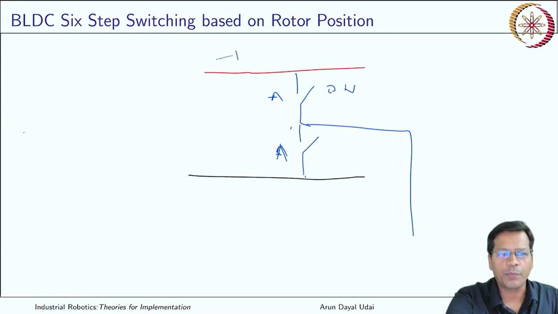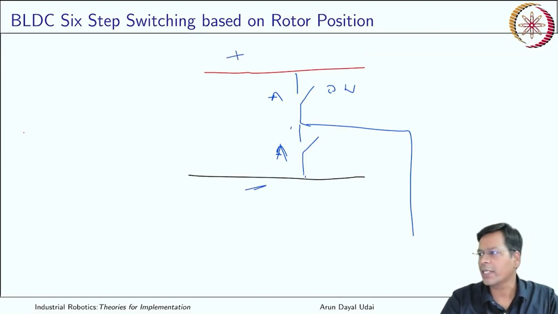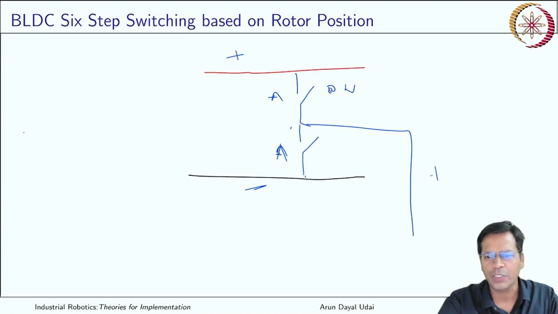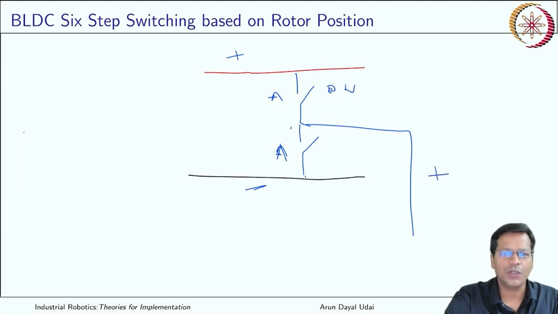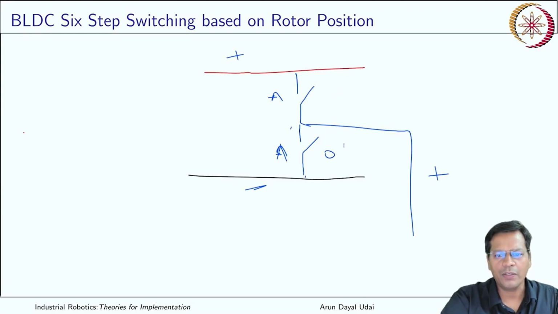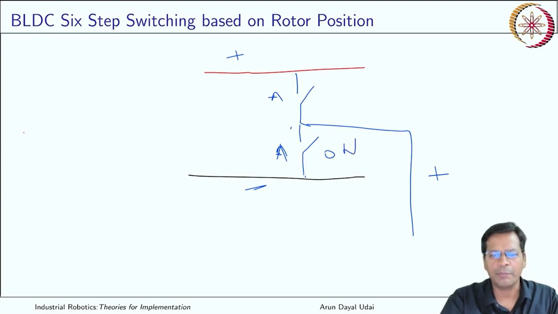This is your positive line, this is your negative line. If you make this on, this becomes positive. Got it? So if you turn this one off and make this one on, what will happen?